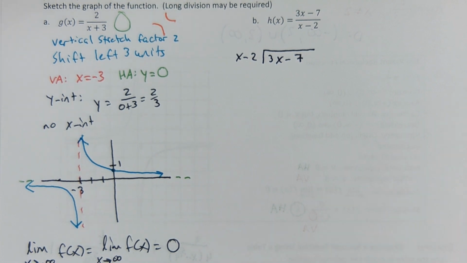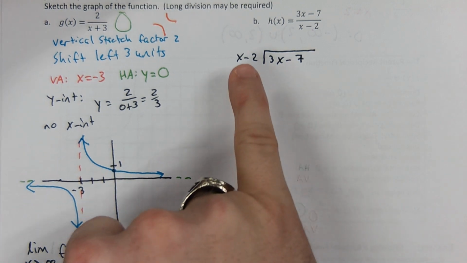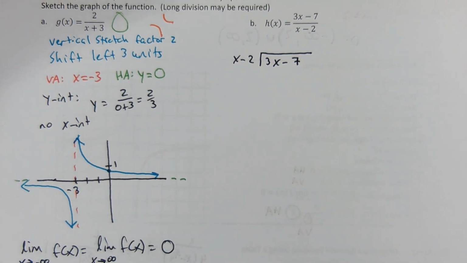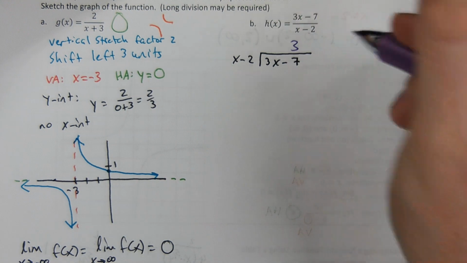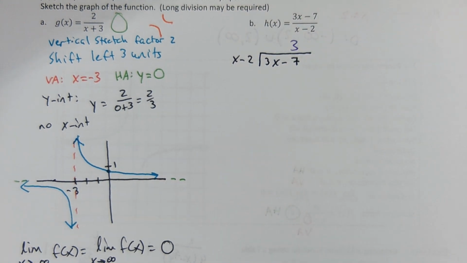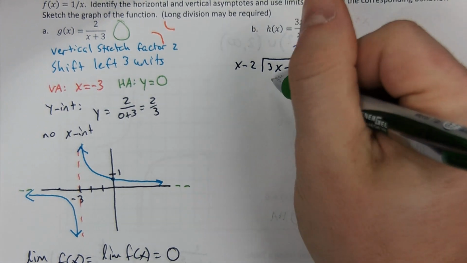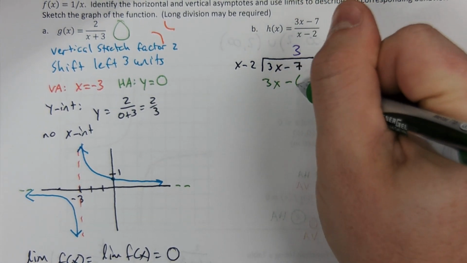It won't take much work to convert it to standard form, though. The question is, what do we have to multiply this x by to make it look like a 3x? 3. So put a 3 right there. And we take this 3, if you remember, we distribute it to our x minus 2. It gets me a 3x minus 6.